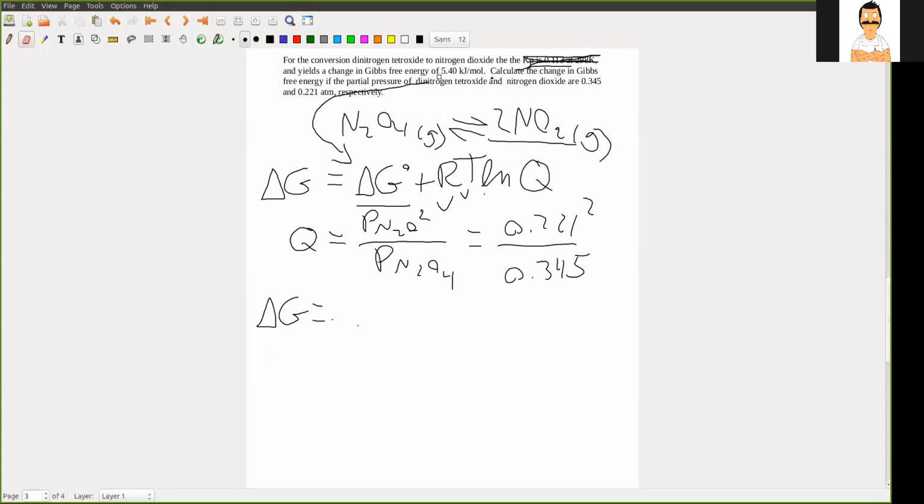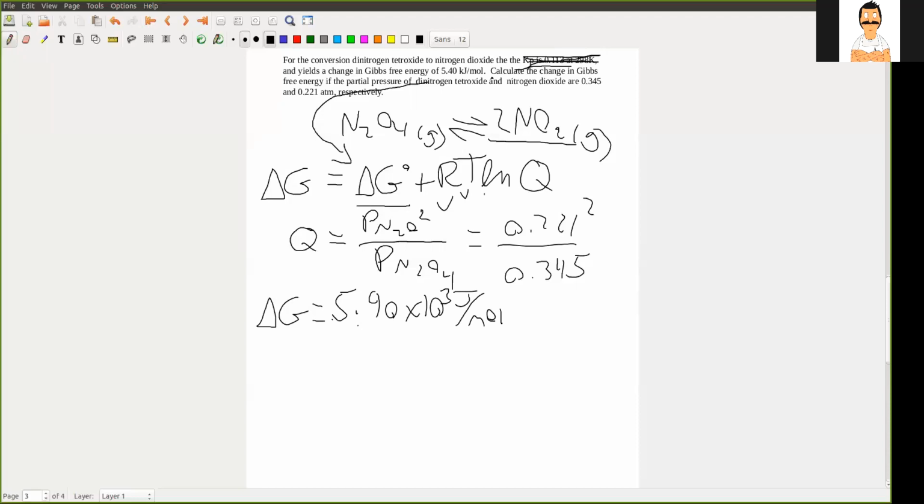We need to either keep it in kilojoules per mole and change everything else, or change it from kilojoules to joules. And I think we're going to do the latter. We're going to change it from kilojoules to joules. So that's easy enough: 5.40 times 10 to the third joules per mole.